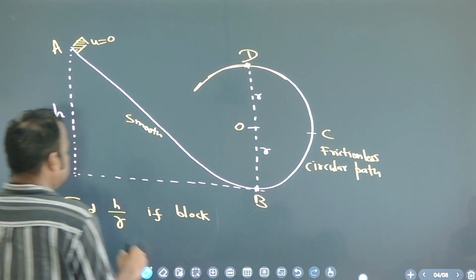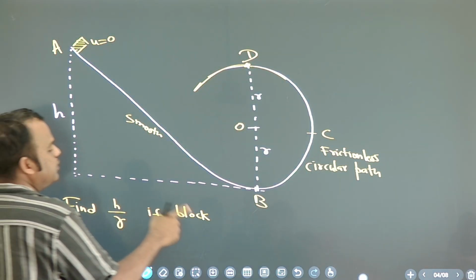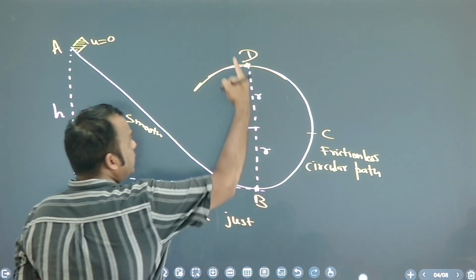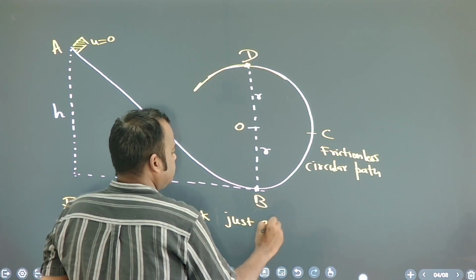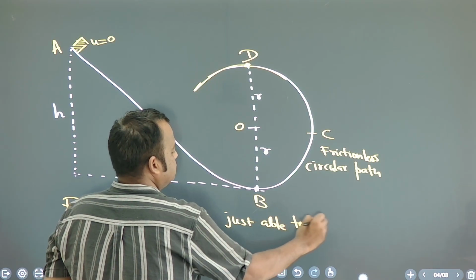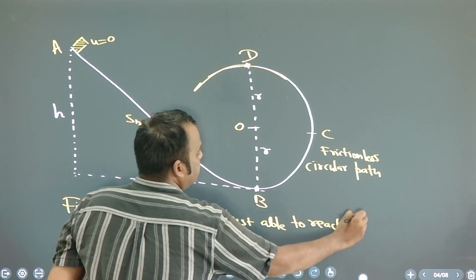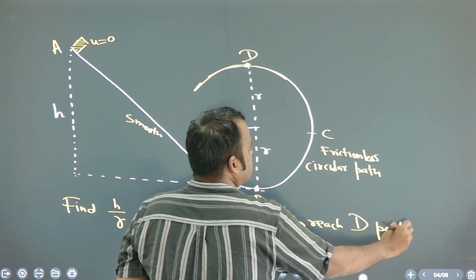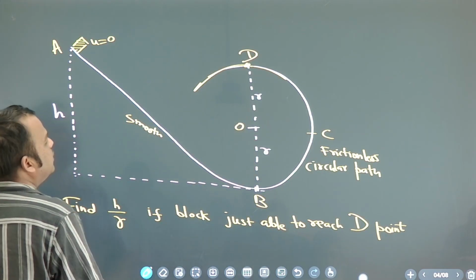Find H by R if block is just able to reach point D.